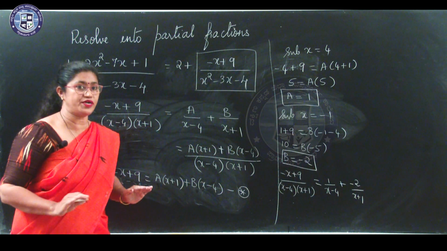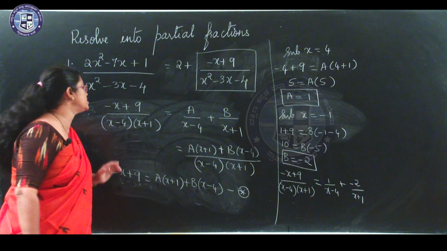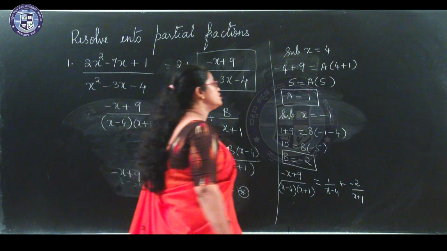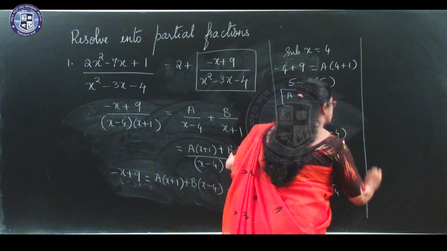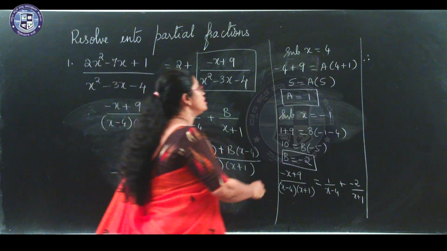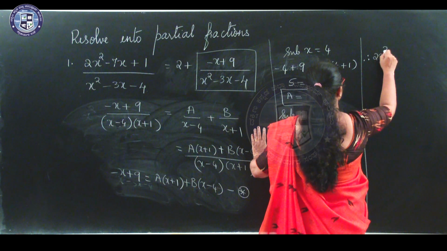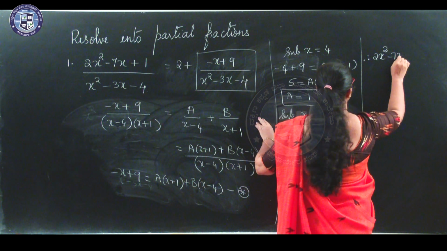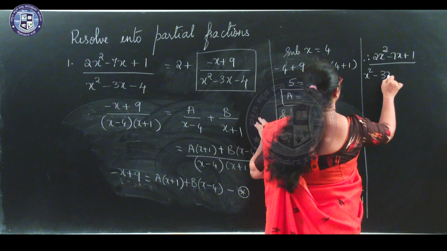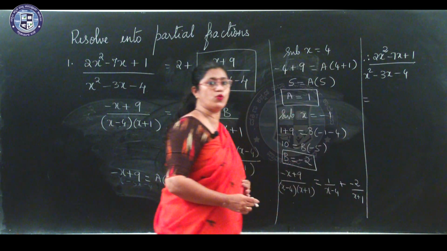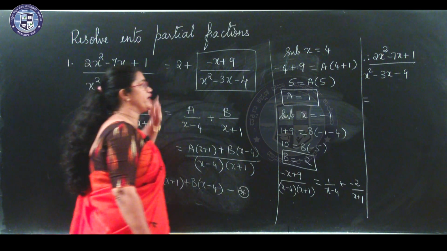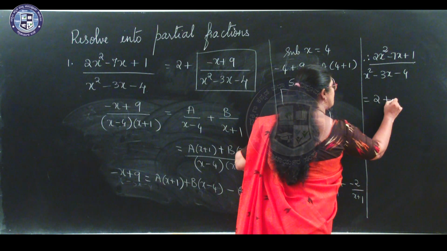This is not over. That was resolving this one into partial fractions, but I have to write the final answer. So what will be my final answer? Therefore, I need to write the question. What is the question? 2x square minus 7x plus 1 by x square minus 3x minus 4 is equal to, what is it equal to? 2 plus, don't forget to write this, 2 plus.